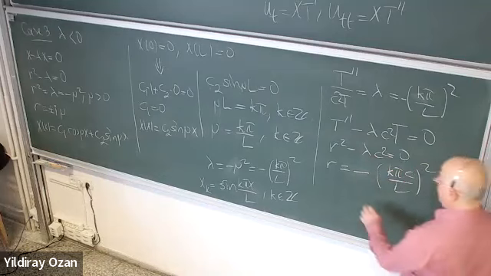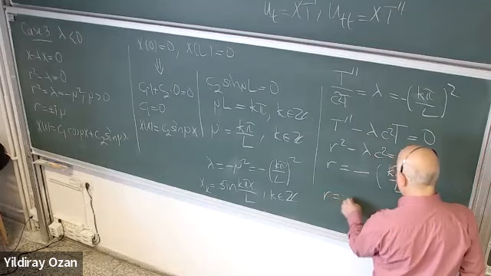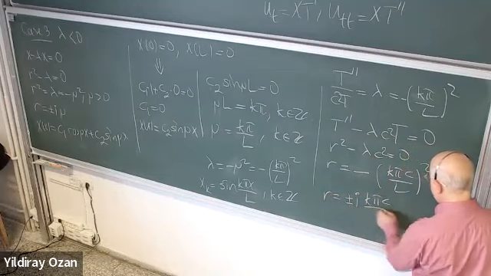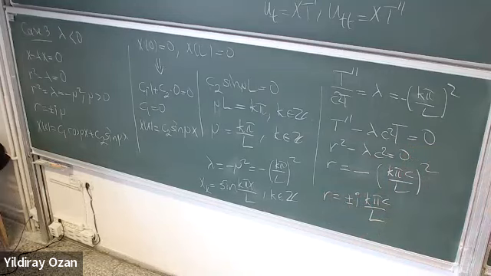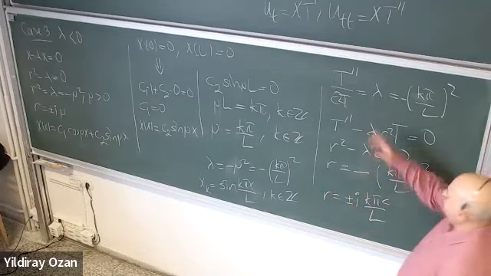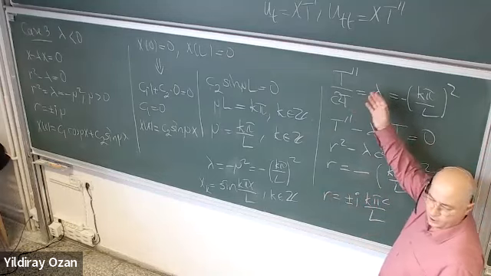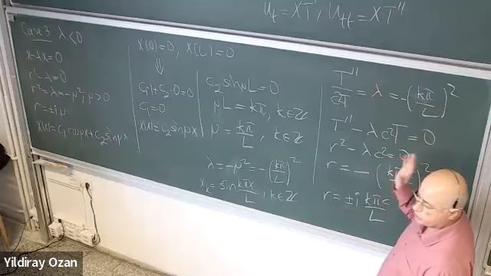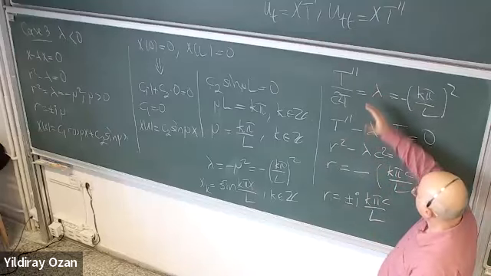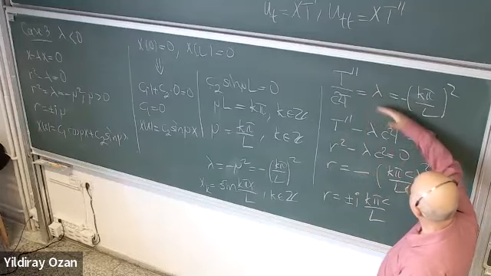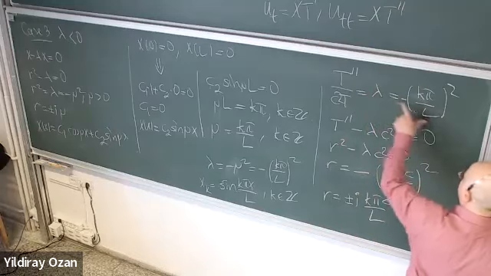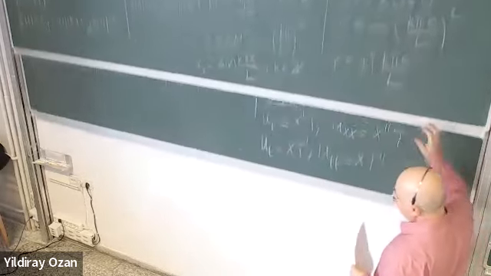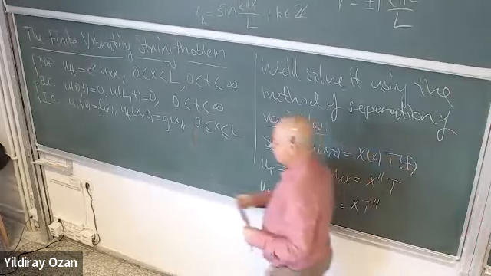Therefore, r is just plus minus i times k pi c over L. I don't consider the lambda equals 0 or positive cases, because in those cases we have no solution except the zero solution. Therefore, I can just concentrate on the case where lambda is equal to this, right? Because the others gave me nothing but the zero solution.